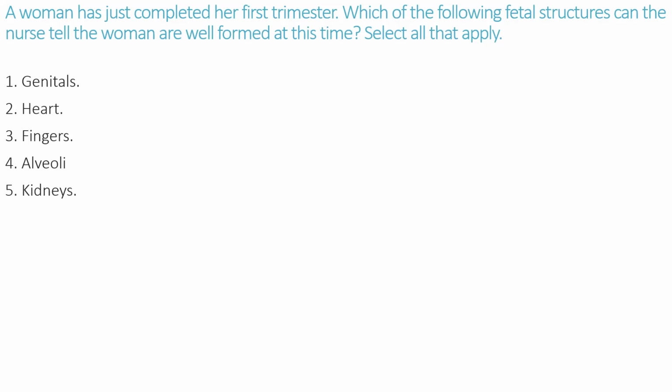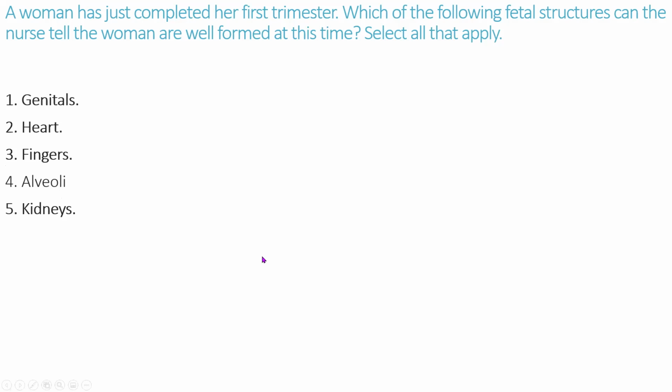The answer would actually be 1, 2, 3, not 4, but 5, because alveoli are very detailed parts of our lungs, and at the end of the first trimester, they won't be completed yet.